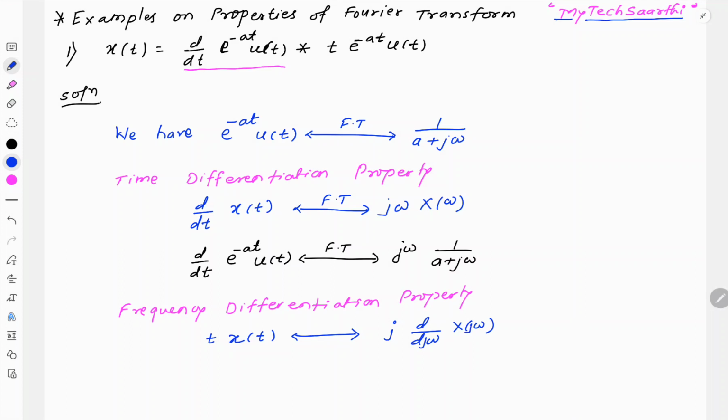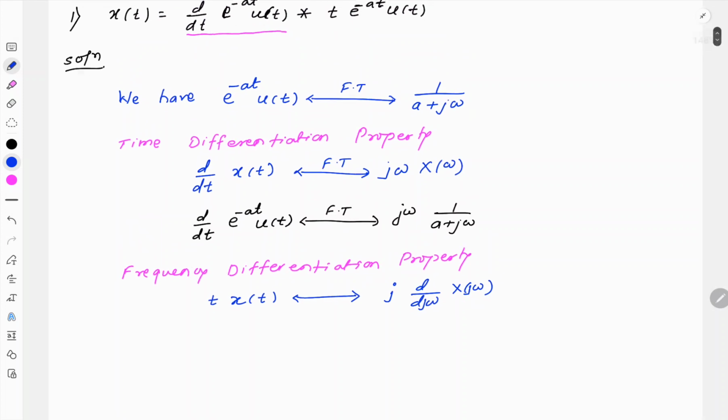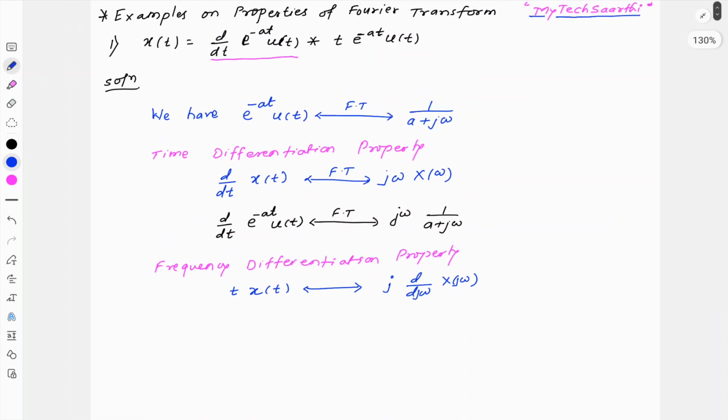Now if you look at the second equation, we have t into e raised to minus at u of t. It will have a Fourier transform pair with d by d of j omega, j will be as it is, into x of j omega, which is 1 upon a plus j omega.